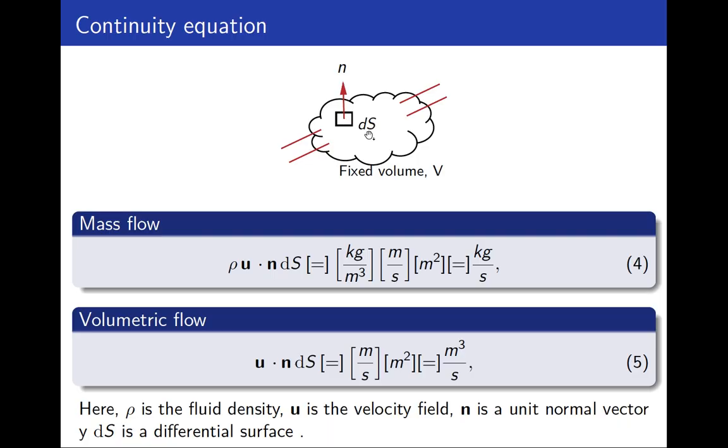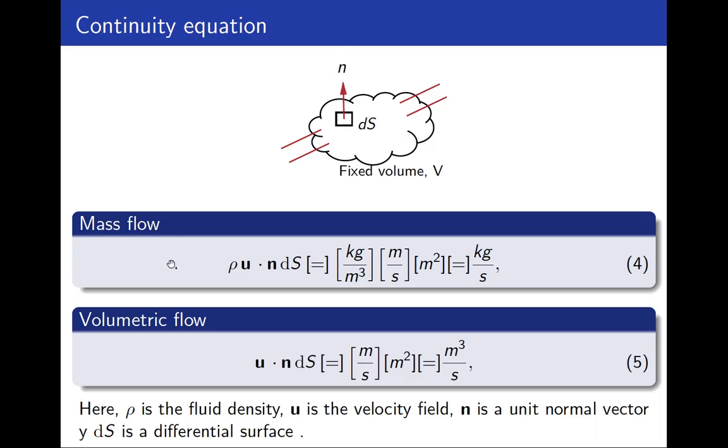If we sum all these small pieces of surface, all these differentials of surface, we will get the total surface of the control volume. And then we also have a unit normal vector which points in this direction for this case.